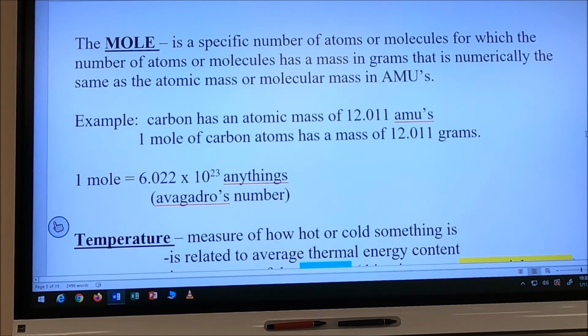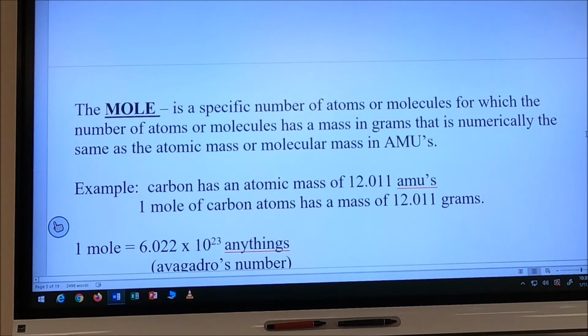Okay? Now, the mole is a specific number of atoms or molecules for which the number of atoms or molecules has a mass in grams that is numerically the same as the atomic mass or molecular mass in AMUs.